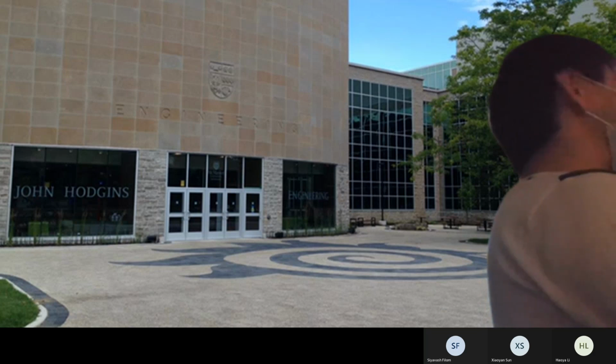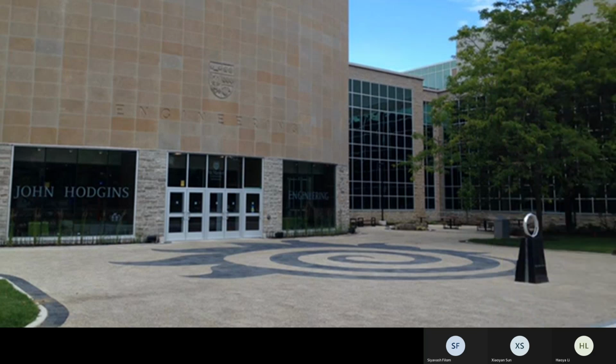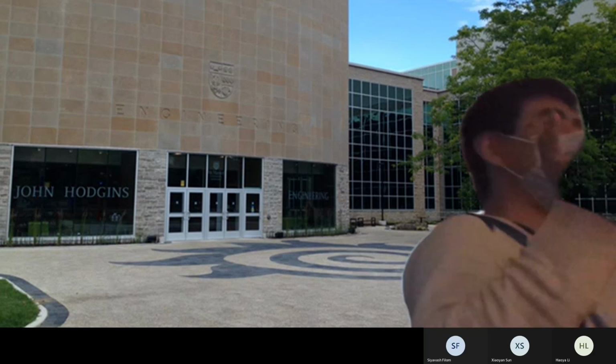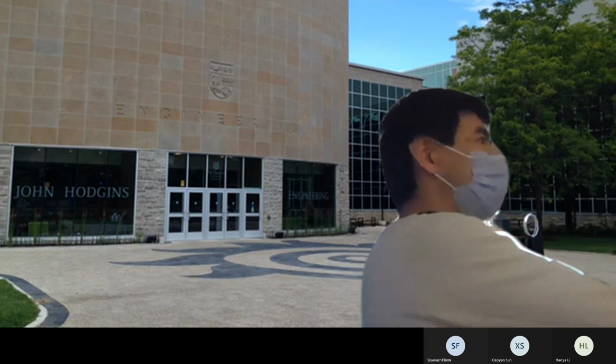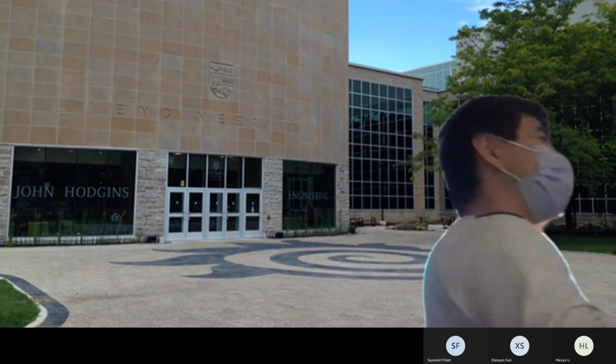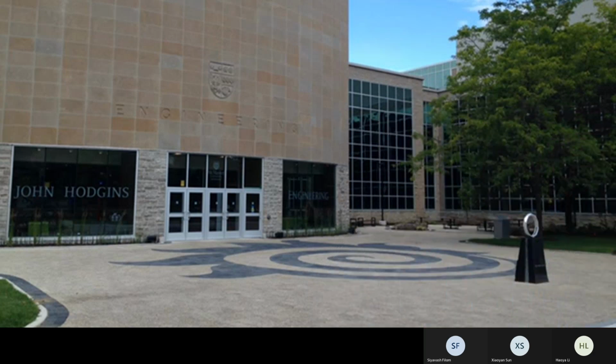It will be online, so you don't need to come to campus to do the exam. The exam will cover all the materials from the first lecture to this lecture, but exclude the Amazon part. Amazon is just for the simulation.